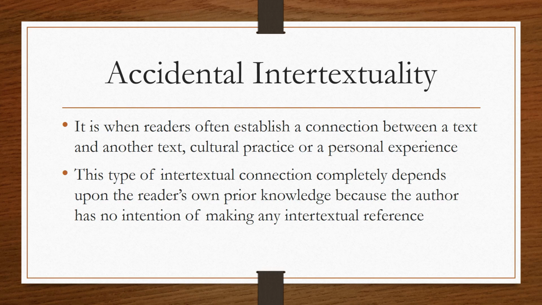So this type of intertextual connection, which accidentally takes place and for which only the reader is responsible, while the author doesn't intend to make any intertextual reference, is considered to be accidental intertextuality. It entirely depends upon the reader's own prior knowledge, because it is with the help of this prior knowledge that such connections are made.